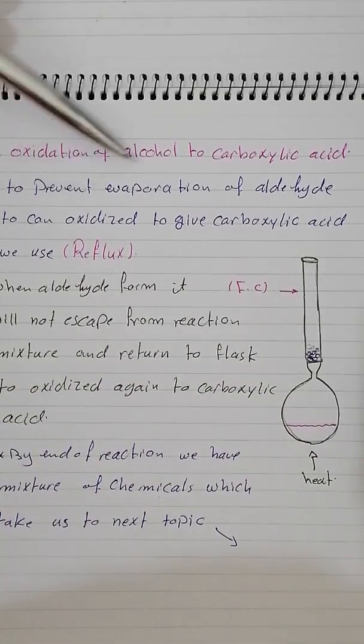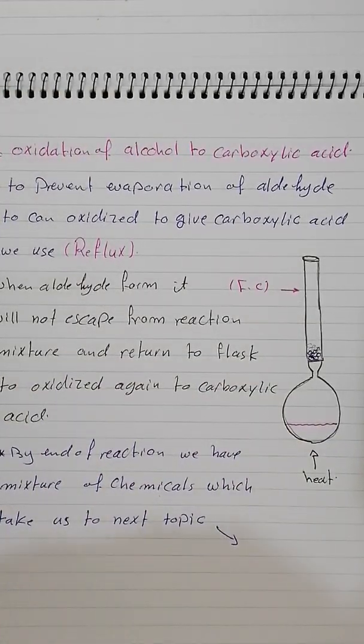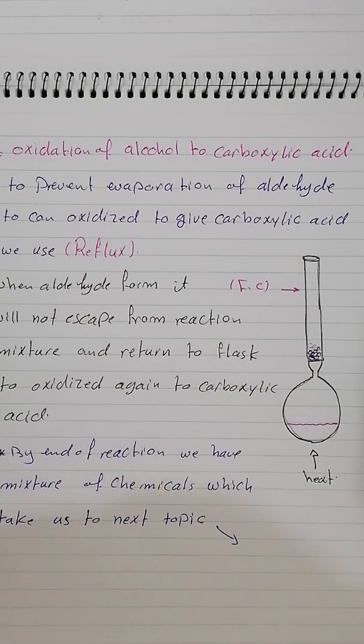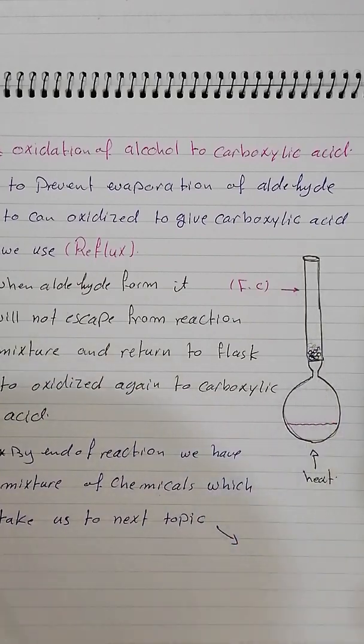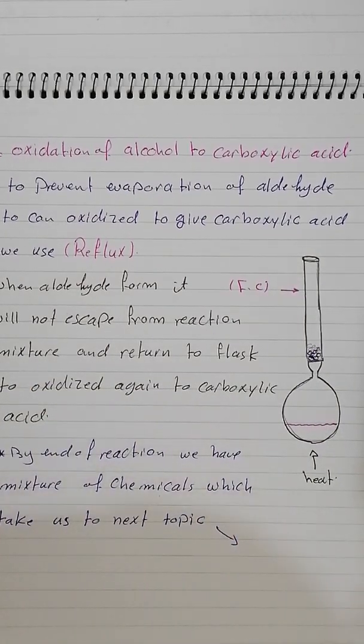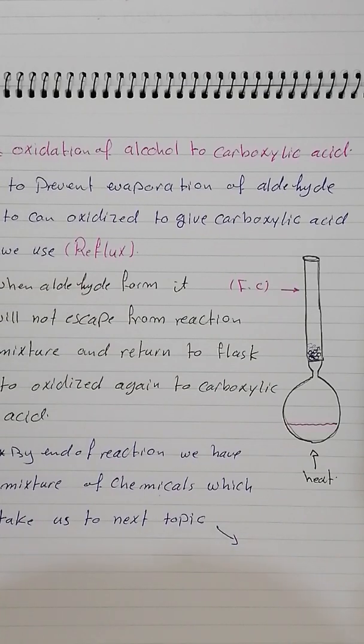So to prevent evaporation of aldehyde, we can oxidize it. To give carboxylic acid, we use reflux heating with this fractionating column. When aldehyde forms, it will not escape from the reaction mixture and will return back to the flask to oxidize and give carboxylic acid.